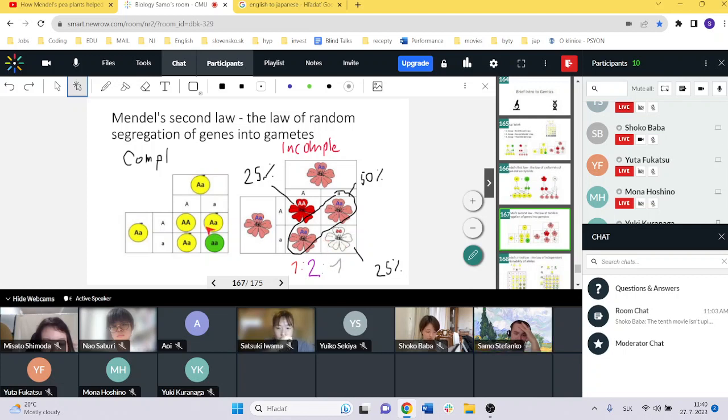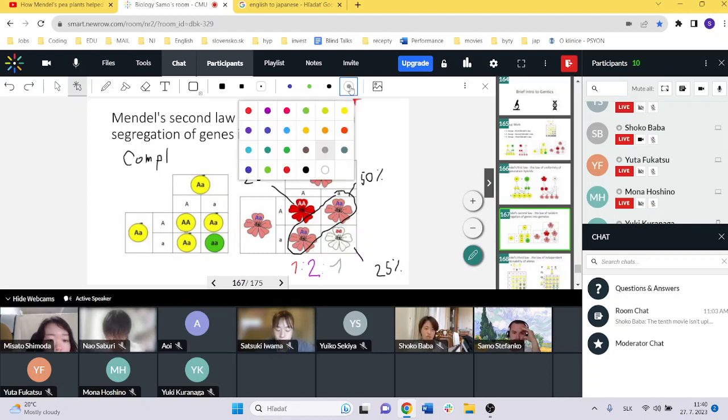How it would be the ratio in case of complete dominance? Yellow phenotype is 3 and green phenotype is 1.